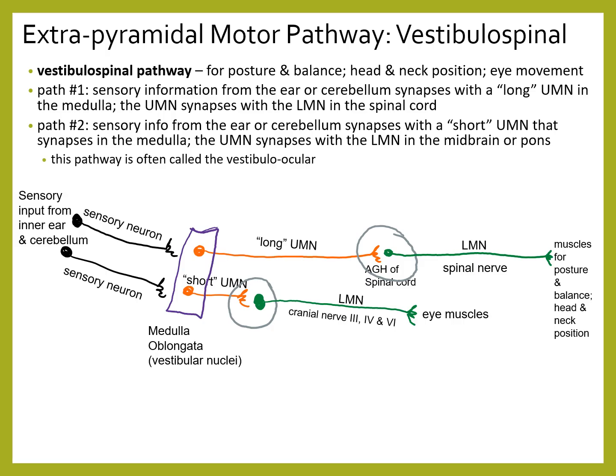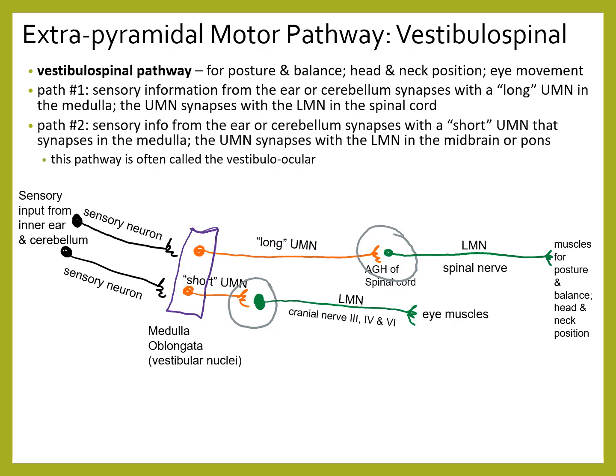But I'm also going to toss in what is called path number 2. This pathway is often called the vestibulo-ocular pathway. It is responsible for eye muscle movement. And again, it's sort of like path number 1 in that you have sensory information coming in from the ear or cerebellum. It's going to synapse with an upper motor neuron that starts in the medulla oblongata. This upper motor neuron is pretty short because it's going to synapse with lower motor neurons in the brainstem.